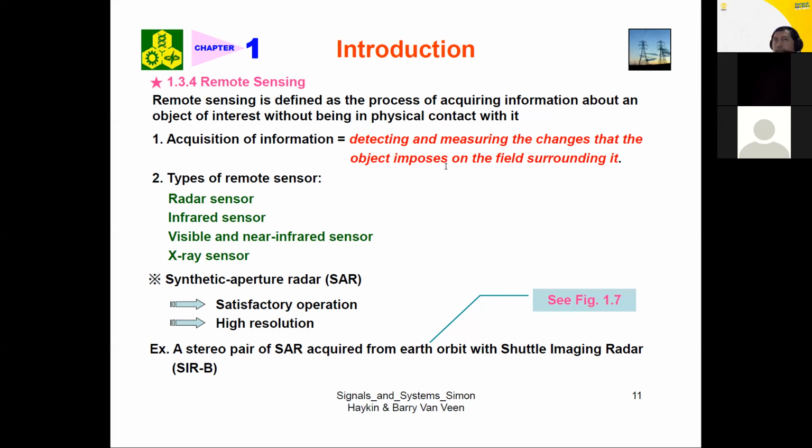The infrared sensor is also detecting the spectrum of the image, and then it will be captured by the infrared camera, and from this camera it will be displayed on the screen. The same goes for the visible camera or X-ray sensor.